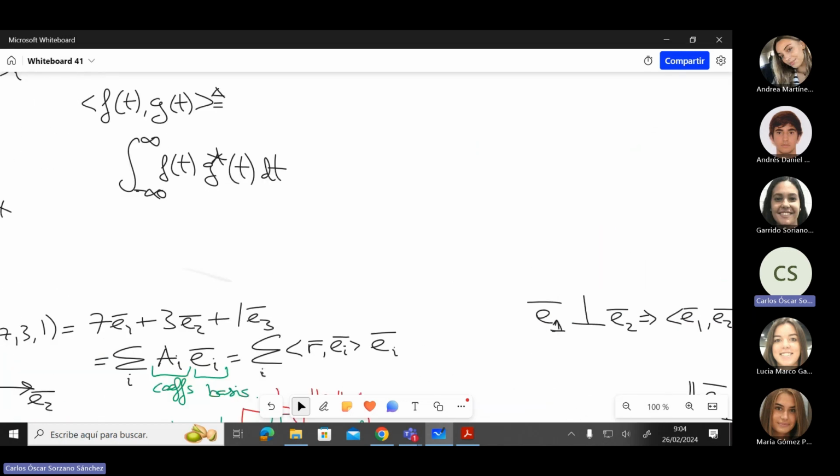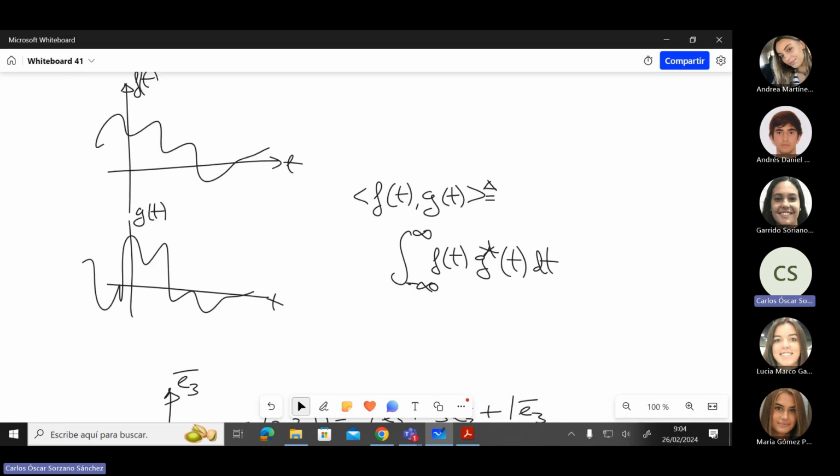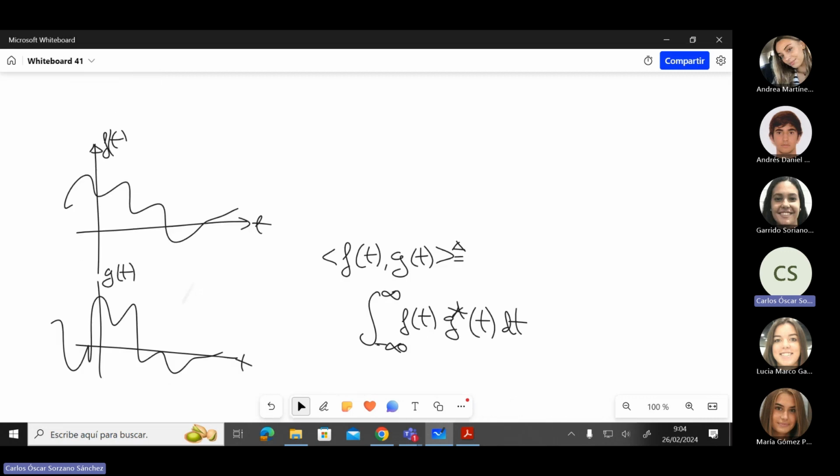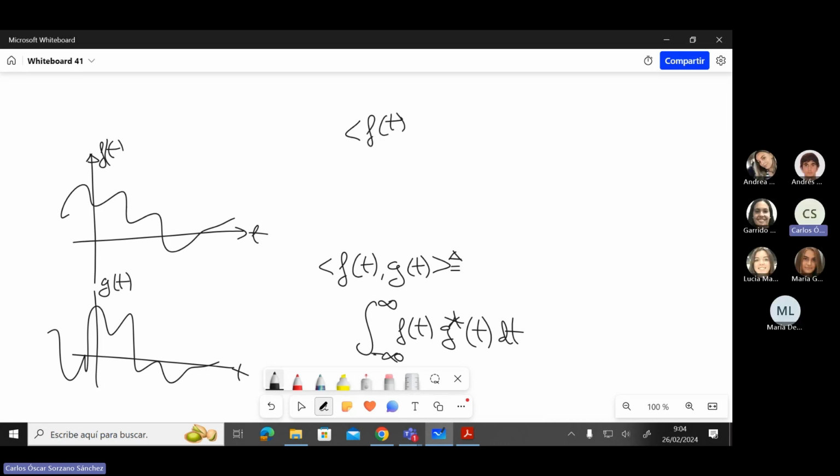So let's say that you have a couple of functions such that the inner product between these two is 0. So that means that f of t is orthogonal to g of t. So we have extended the concept of orthogonality now to functions.